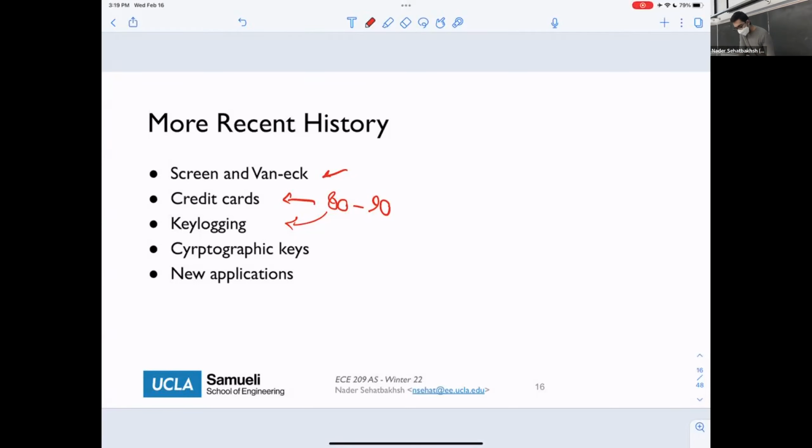Various different side channels have been proposed for keylogging, such as image recognition and electromagnetic emanations. There are newer problems in keylogging; it's been around for 30, 40 years and is still an interesting area of research.